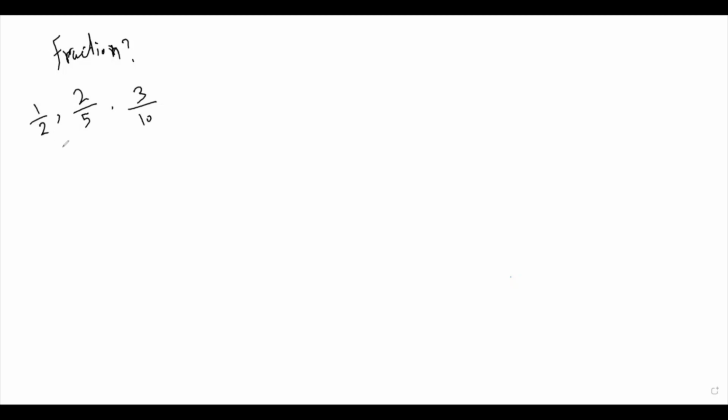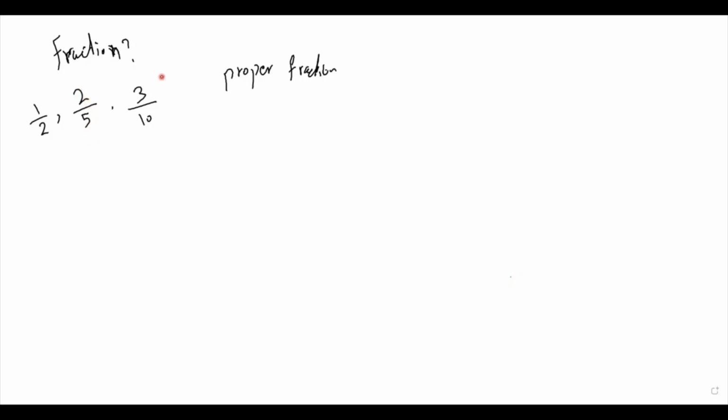That's basically a fraction. And we have 3 types of fraction which we need to know how to work with. The first one is called a proper fraction. Now, what is a proper fraction? If you take a look at any of these fractions, we have a fraction line, and 2 numbers, one at the top, one at the bottom.